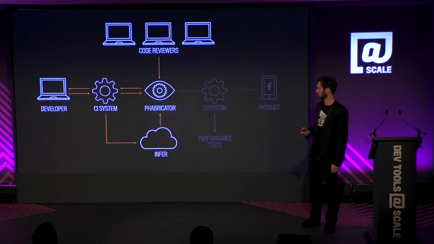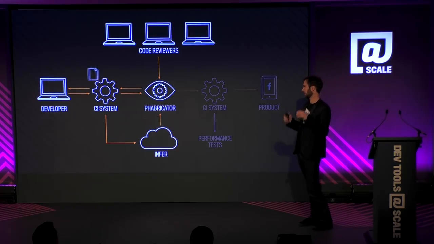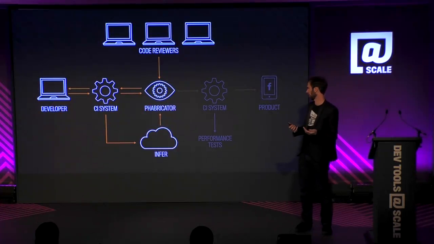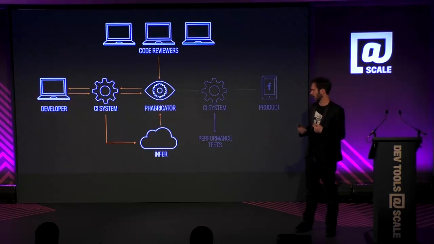So in a bit more detail, a developer writes code and sends it for code review, and this is what happens basically at Facebook. The code review tool is called Phabricator. It's also open source. And when she sends the diff to code review, it also kicks in the continuous integration system, which runs the tests and everything, and also spins up Infer. Infer will analyze the code change at the same time that the reviewers are reviewing the code.